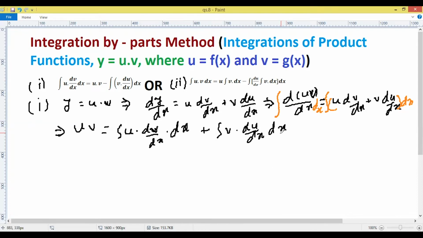Okay, so after that you have to transpose one of these integration signs.